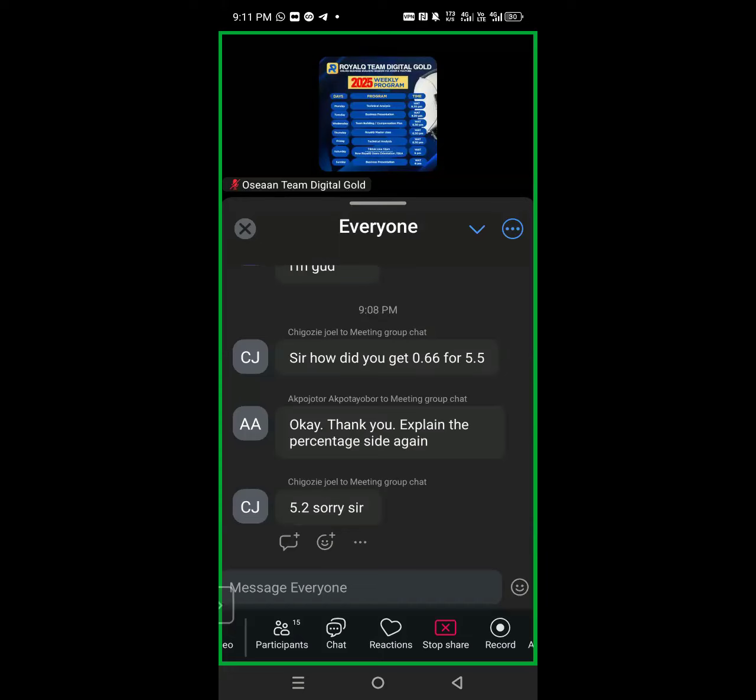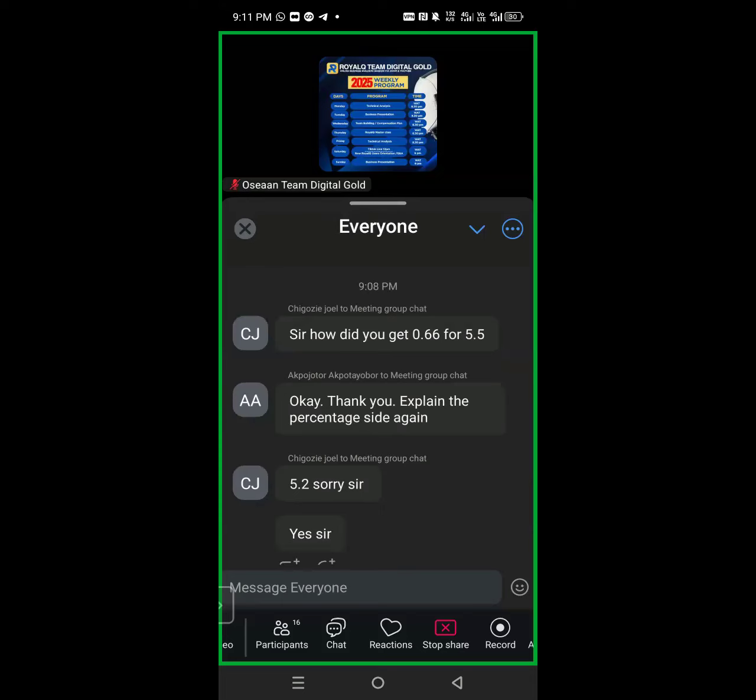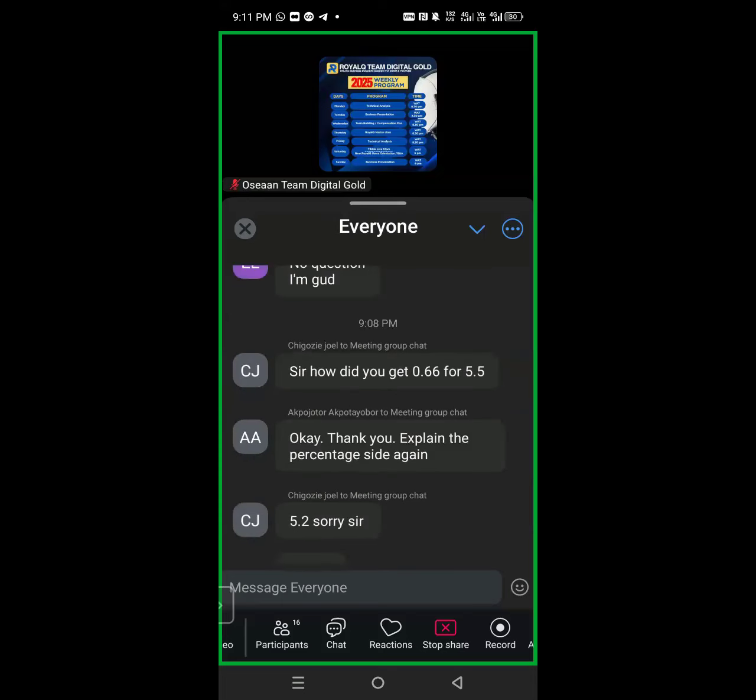Okay, thank you. Explain the percentage again. The percentage you can use depends on your capital, and it depends on the coin and the movement of the coin. The percentage in spot trading is determined by your capital. How many margin calls can your capital take?